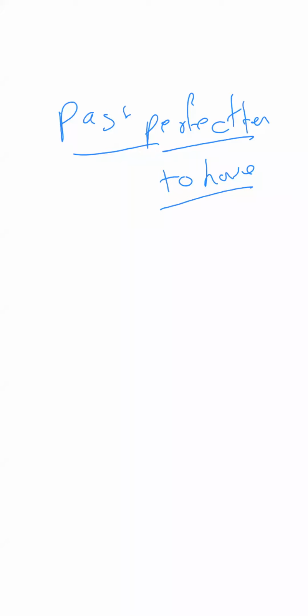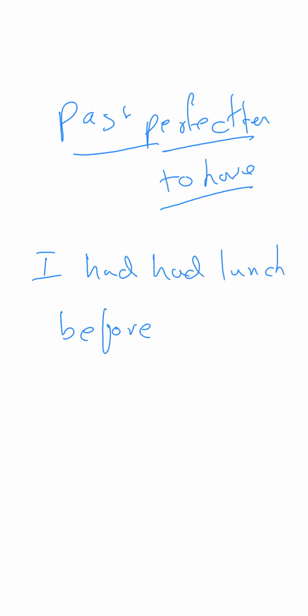Krish and Kshitij, you guys are following, right? Yes, sir. Okay, so now consider the past perfect tense of the verb to have. I had lunch before I started teaching.